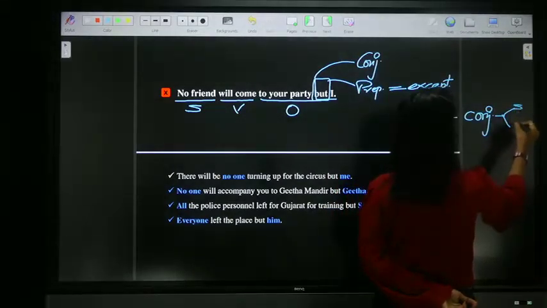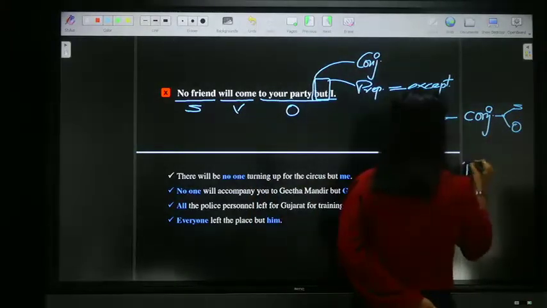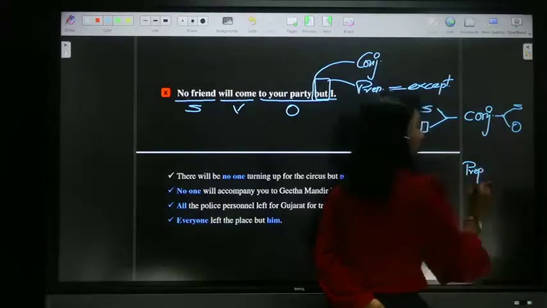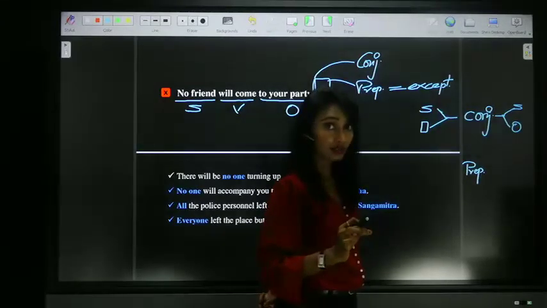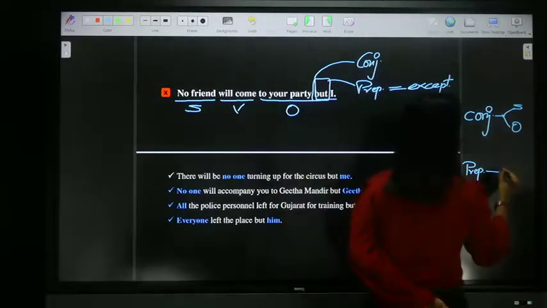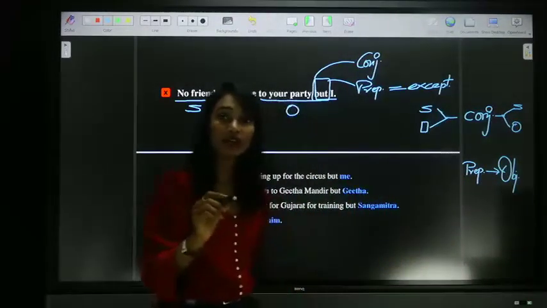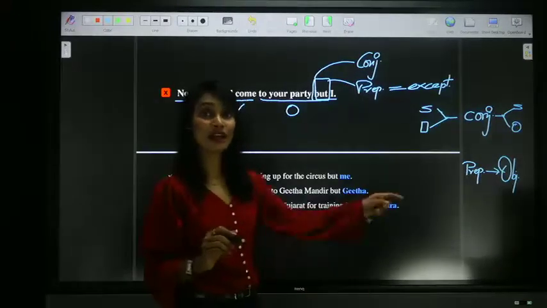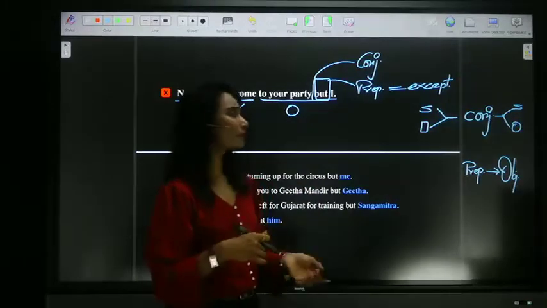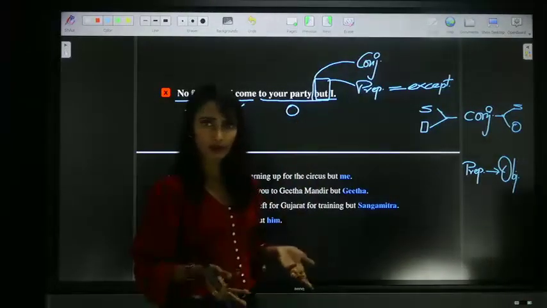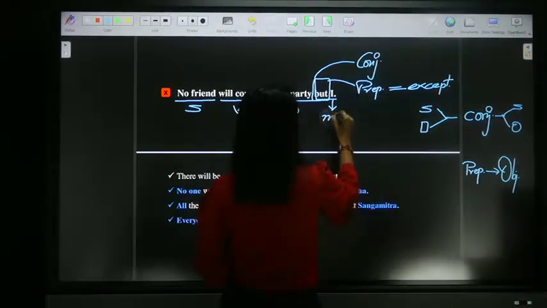But with a preposition, remember, if there is a pronoun after a preposition, the pronoun must always be in objective case. That means a preposition is always followed by objective case pronouns, not subjective case pronouns. And another simple reason, it is an object, so we require an objective case pronoun. That means you have to replace this I with me.